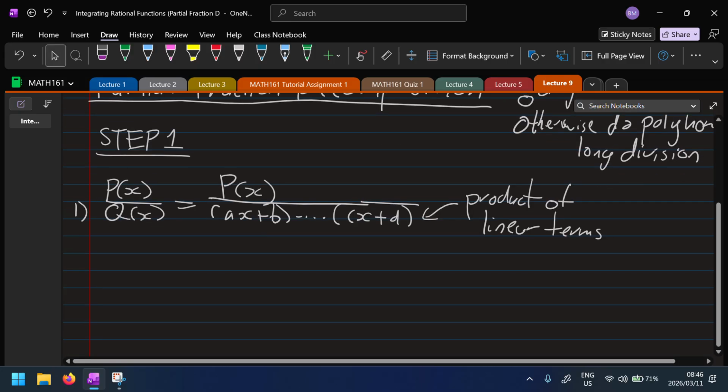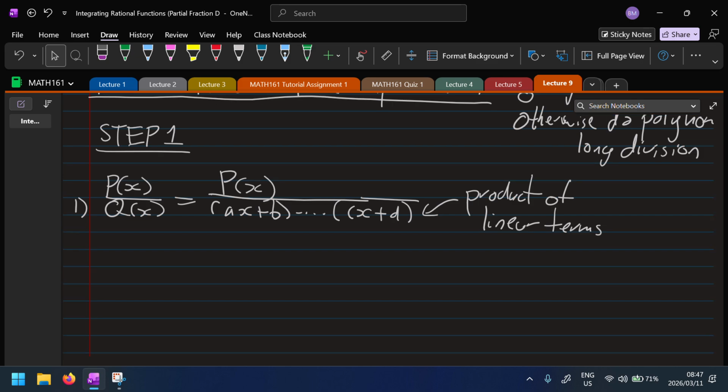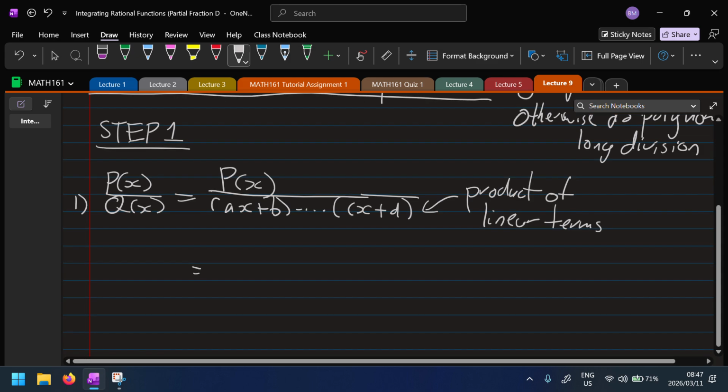Now, there is a theorem. We're not going to go through it or prove it. We're just going to use it. It says that if we have a rational function where we have a polynomial at the top and a product of linear terms at the bottom, then we can split it up in the following way.